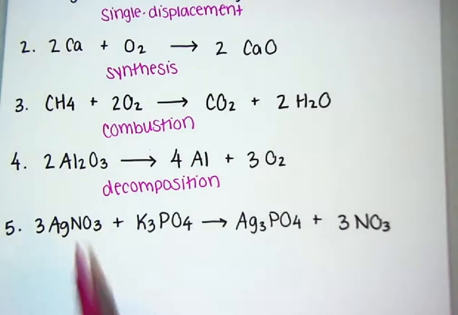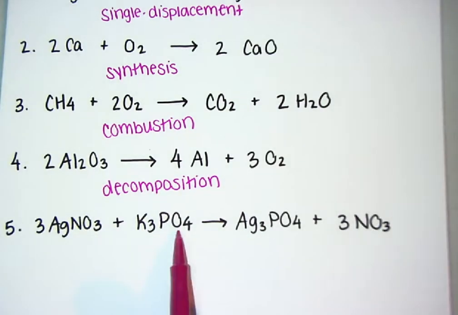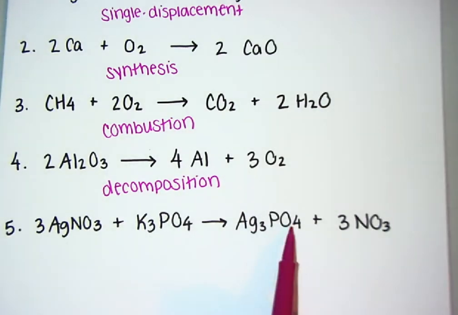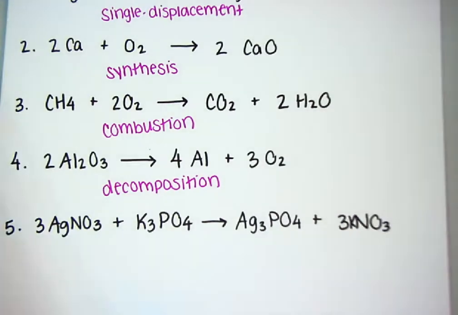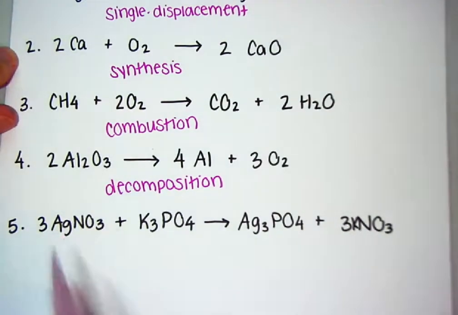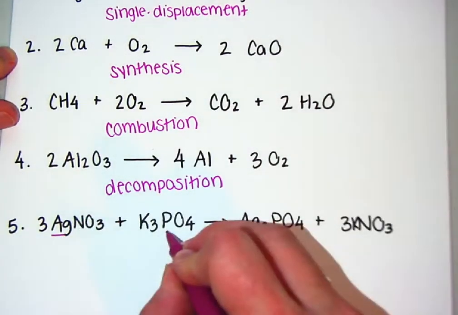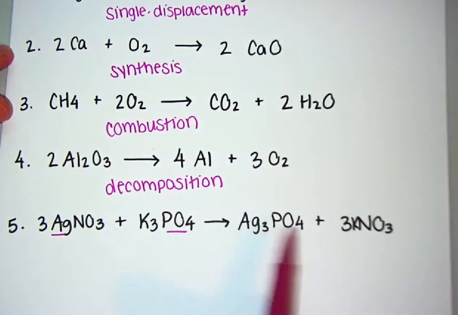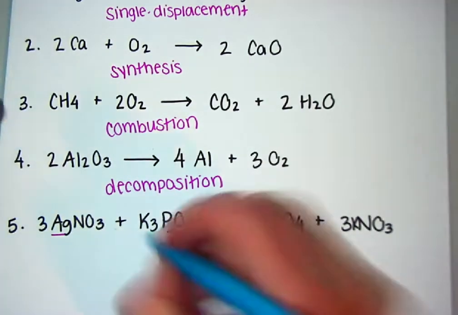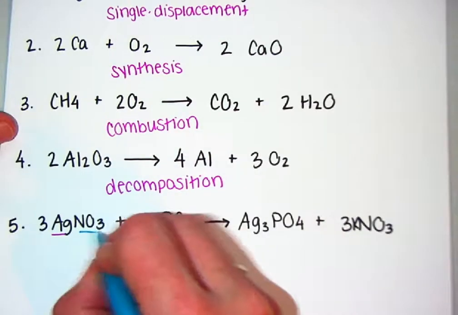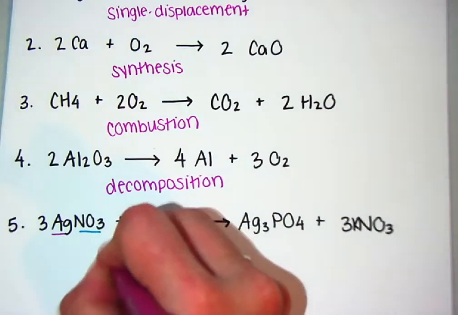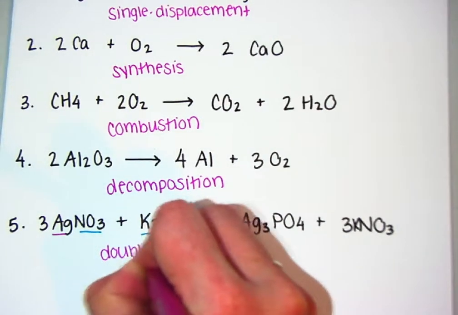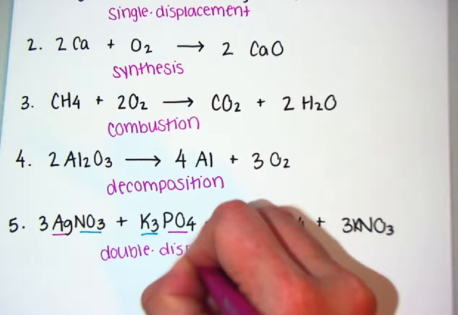And the last one, silver nitrate plus potassium phosphate produces silver phosphate plus potassium nitrate. 2 ionic compounds that exchange. Cation of the first bonds with anion of the second to make silver phosphate. Cation of the second bonds with anion of the first. 2 ionic compounds that exchange ions. This one is double displacement or double replacement.